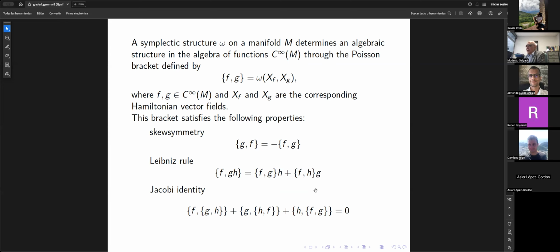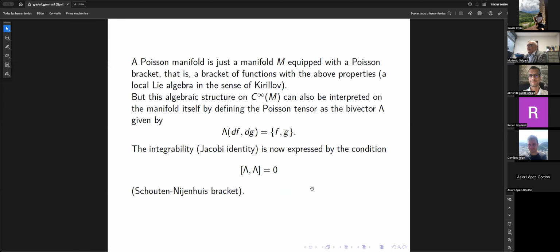This bracket is skew-symmetric, satisfies the Leibniz rule and the Jacobi identity, and we obtain what we will call a Poisson manifold. So a Poisson manifold is just a manifold with a bracket in the algebra of functions satisfying these three properties. This is sometimes called a local Lie algebra in the sense of Kirillov.